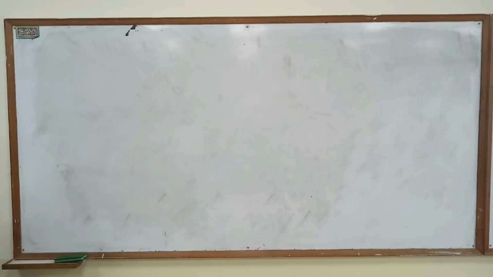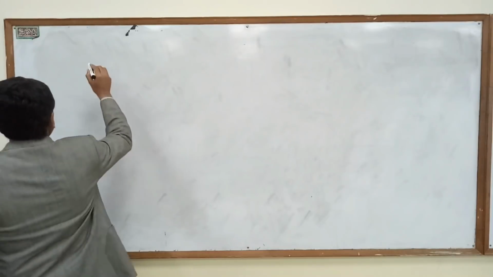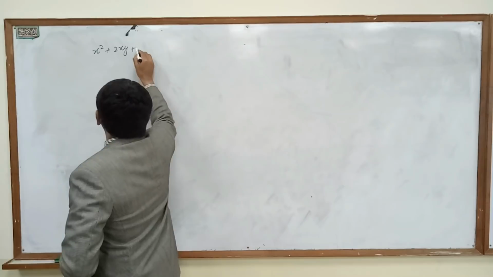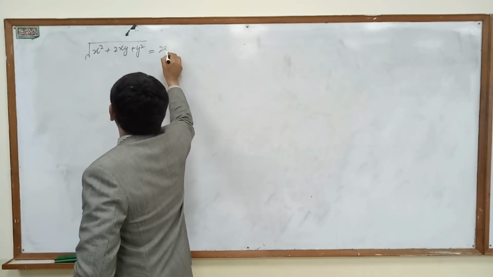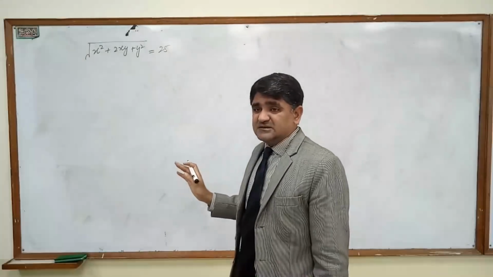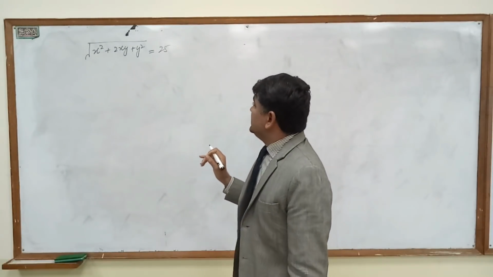Question number 17: under root of x square plus 2xy plus y square is equal to 25. Keep in mind the definition that where the power of the variable is 1 it is called a linear equation.